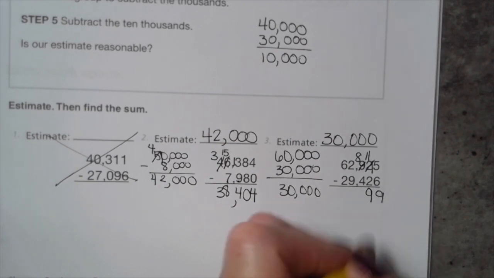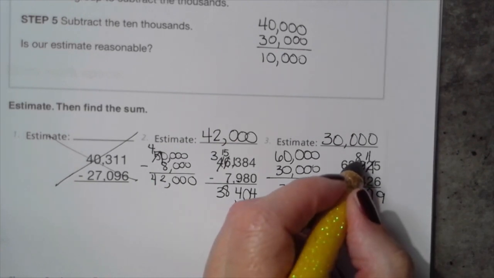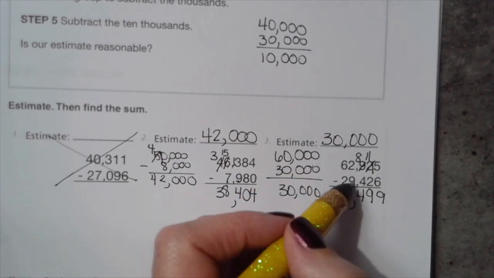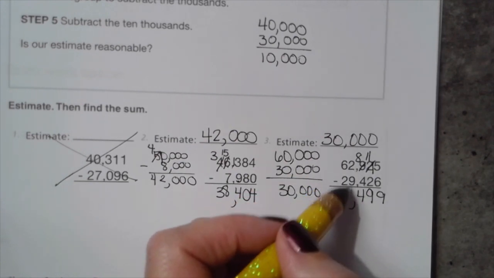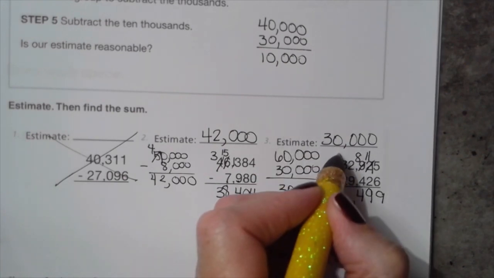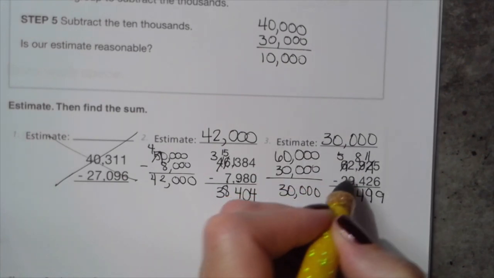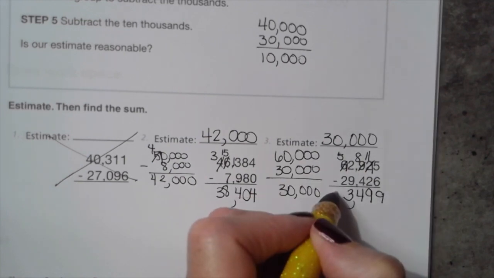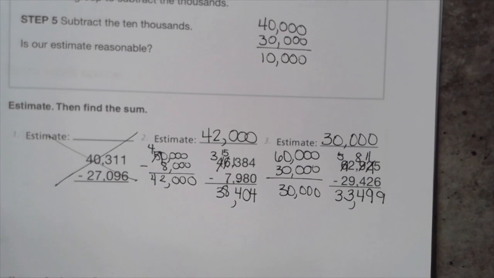That's 9. And then 8 subtract 4 is 4. Uh-oh. Can't do this. 2 subtract 9. Nope. More on the floor. Go next door and get 10 more. Now I have 12 subtract 9 is 3. And 5 subtract 2 is 3. All right. See, it's pretty fun, right? Well, let's do a few more.